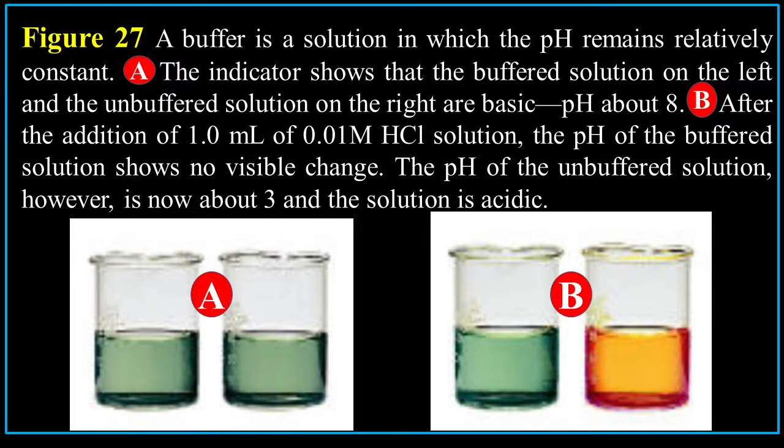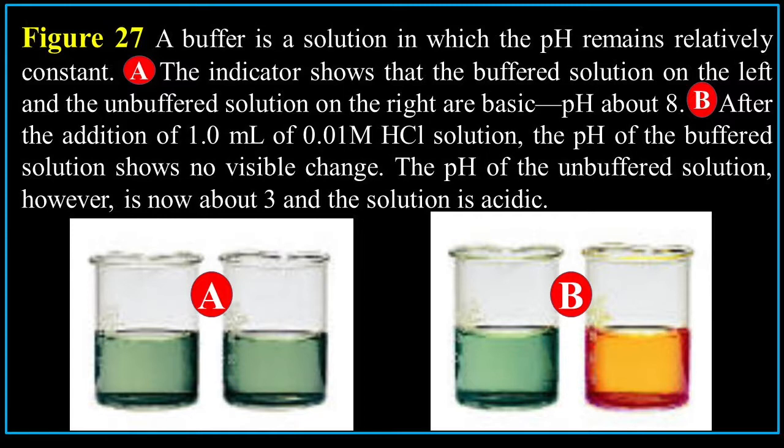Figure 27: a buffer is a solution in which the pH remains relatively constant. A. The indicator shows that the buffered solution on the left and the unbuffered solution on the right are basic, about pH 8.